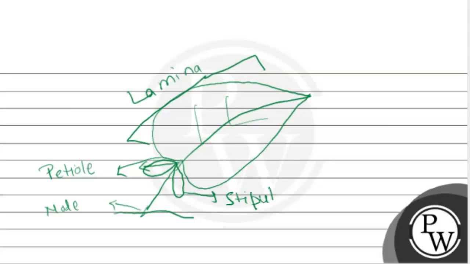This is stipule. This is node. This is petiole. This is stipule, and this is lamina of a leaf, जिसके अंदर ये छोटी छोटी वेन्स और वेनलेट्स लोकेटेड होती है.